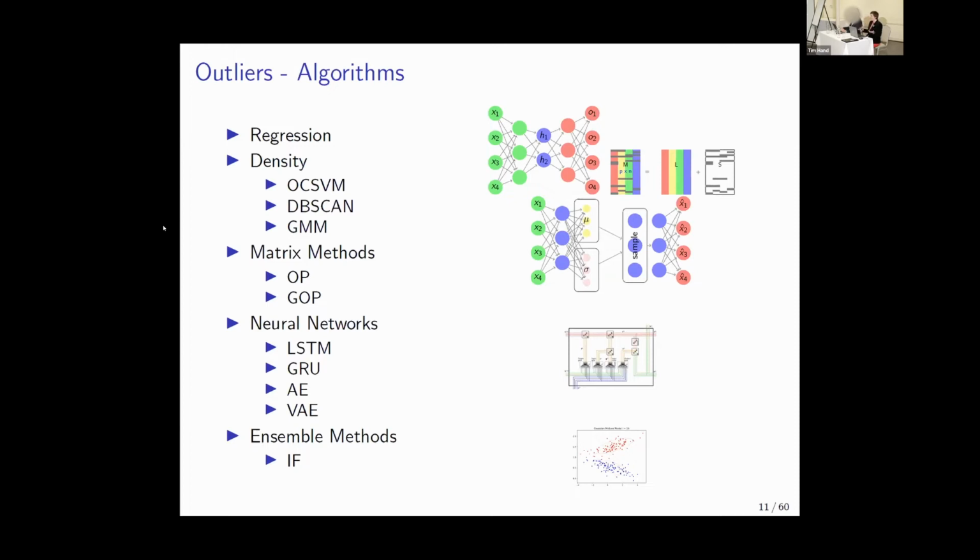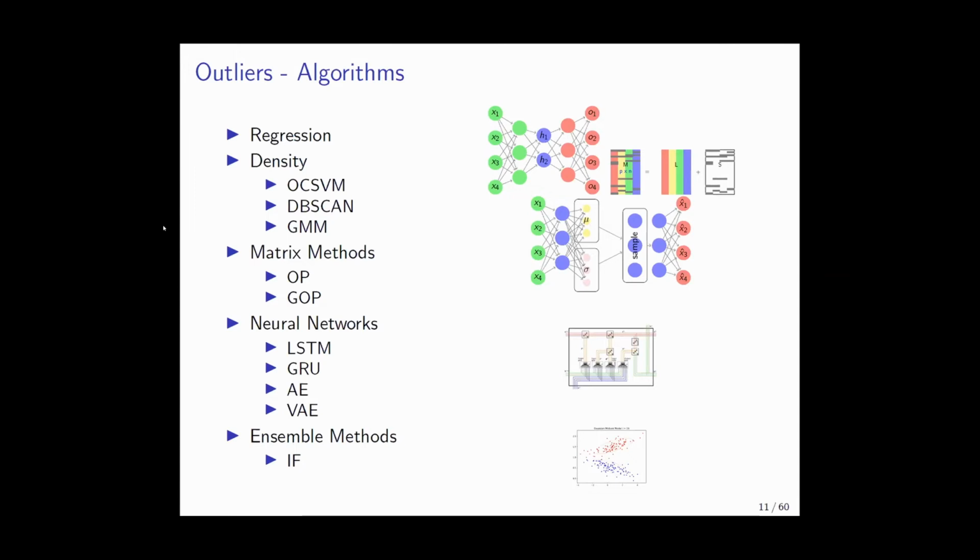And then the very fancy, the fashionable neural network methods, LSTMs, long short-term memory, probably the worst named algorithm in machine learning, but there you go. It didn't catch on for a long time, and I suspect it was the name. GRUs, gated recurrent units, autoencoders, very fashionable. You can see that there's a picture of one at the top. Variational autoencoders, also very fashionable.